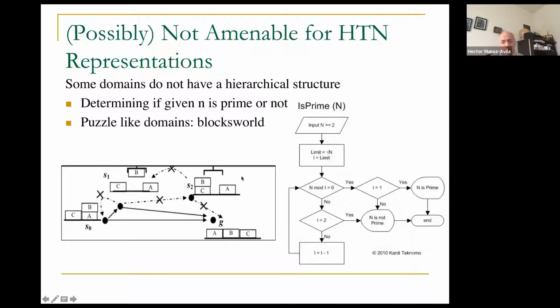Another case is domains that are puzzle-like. I'm pretty sure all of you have heard of Blocksworld, and there are algorithms that are good at solving Blocksworld, but it's not a domain that really is amenable to these kinds of hierarchies. They are not evident.